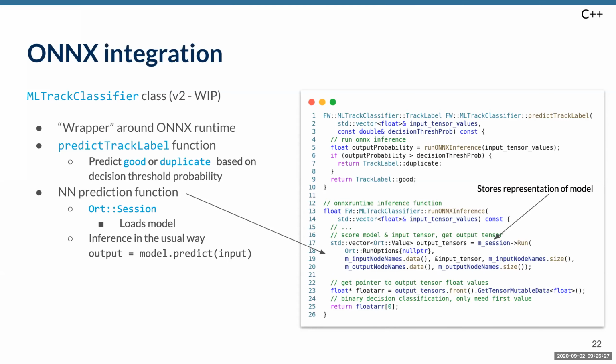As a little technical aside, all of the information about the model is stored in this data structure, which is called the ONNX runtime session. And here you just load all of the information about your model. And then you can actually do the inference step in the usual way of model.predict from TensorFlow, for example, which is quite nice. Because this means that the only thing that the user has to take care of is to make sure that the runtime is pointing to the correct model file in the ONNX format, and also making sure that the input from the code they're writing is set up in the format that the model expects.